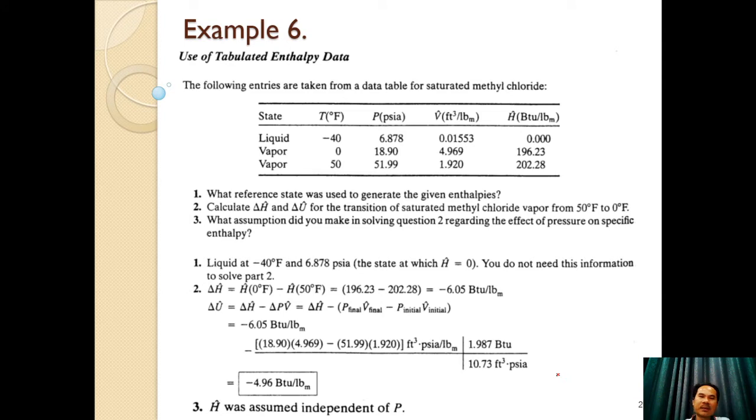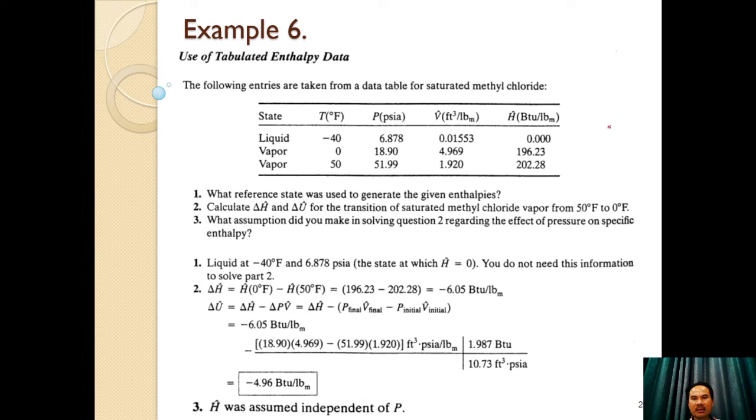For example, the following entries are taken from a data table for saturated methyl chloride. This is for the state at liquid temperature minus 40, pressure, specific volume, specific enthalpy, and vapor.